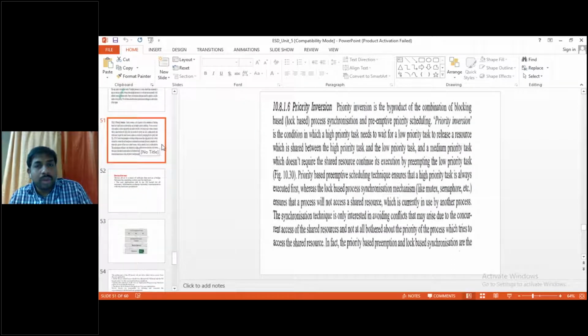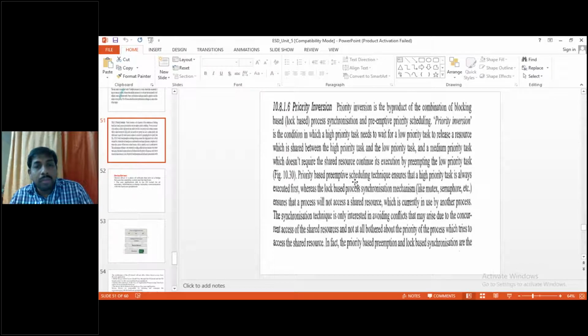So what is priority inversion? Priority inversion is a combination of process synchronization and preemptive priority scheduling. It is a condition in which a high priority task has to wait for a resource due to a low priority task.